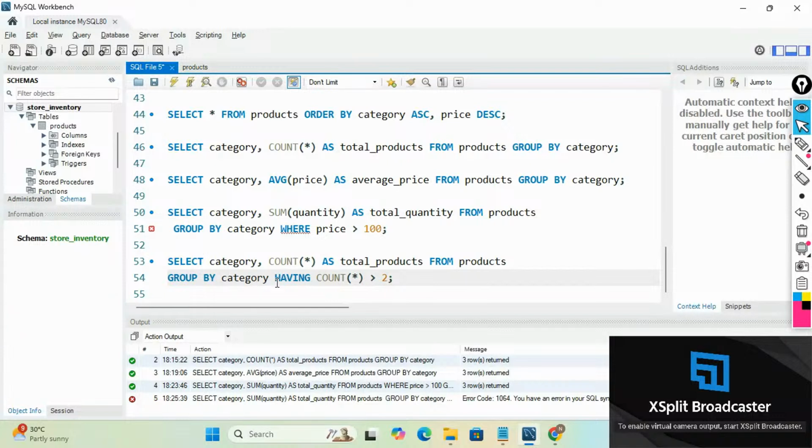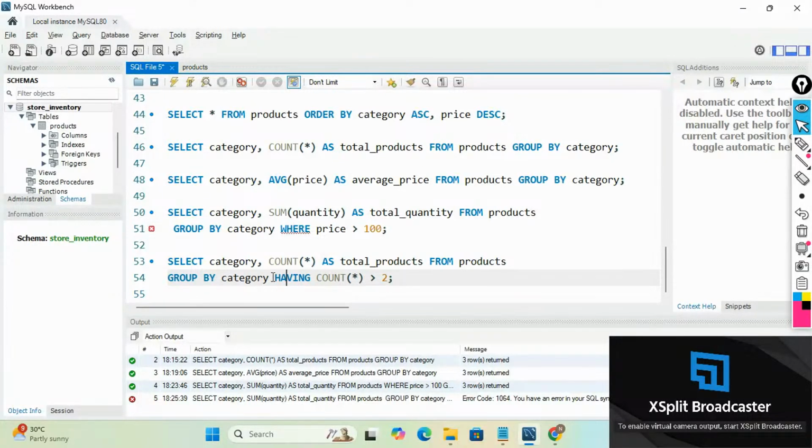Then on the grouped data, I'm going to have a condition for filtering the grouped data using the having clause. Do you see any kind of cross mark like on line number 51? No. Why? Because I can have the having clause next to group by. The having clause is designed to filter the grouped data.